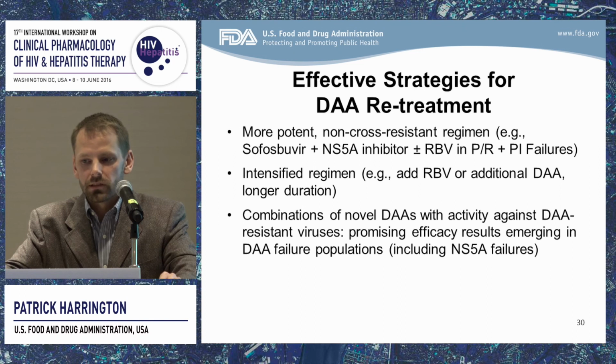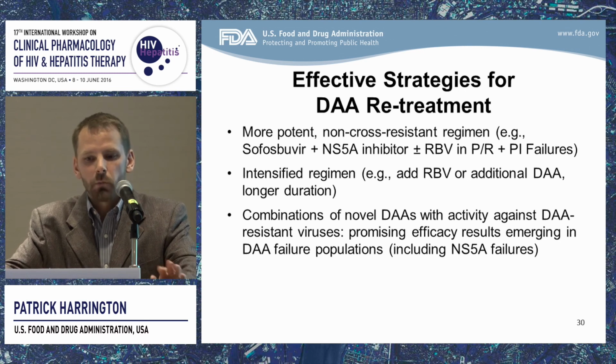That regimen is perfectly effective in that particular setting. You can also take an intensified regimen, such as adding ribavirin, another DAA, or maybe give a longer treatment duration. And there are also multiple, at least small-scale studies showing that this approach also is quite effective for the retreatment of DAA failure patients. And then in the pipeline, we have combinations of novel DAAs with activity against DAA-resistant viruses.